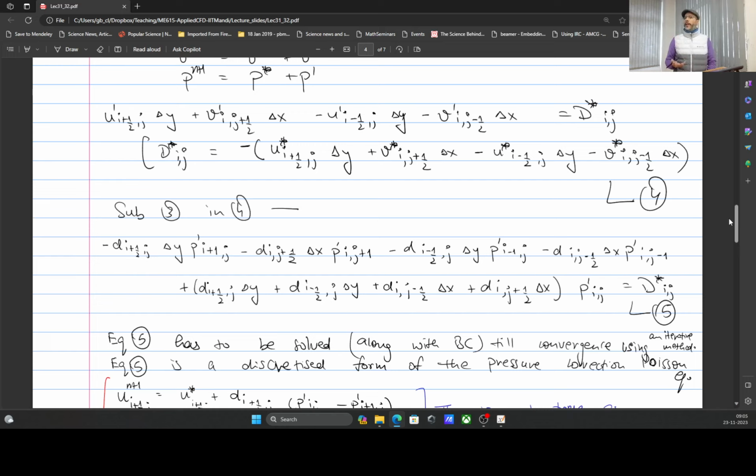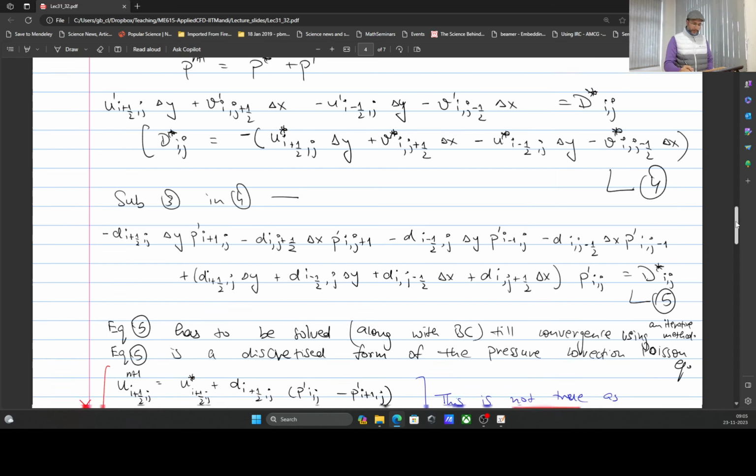And once you have p prime values, you can use them to get the u prime and v prime values, which can then be added to the u star and v star values to get the divergence free u stars and v stars.